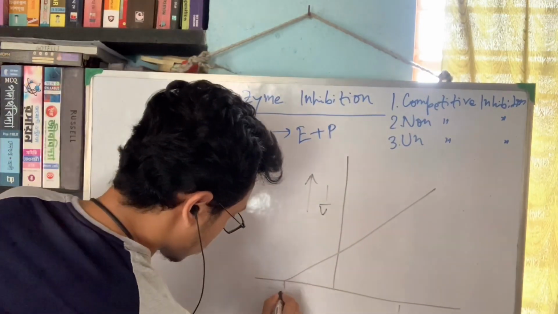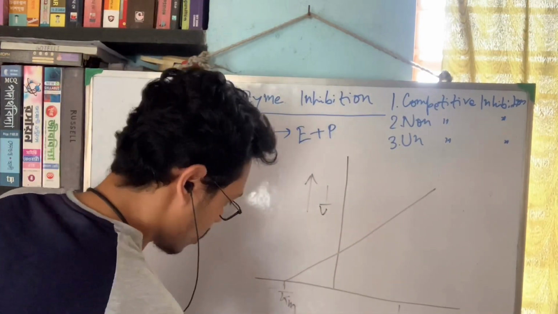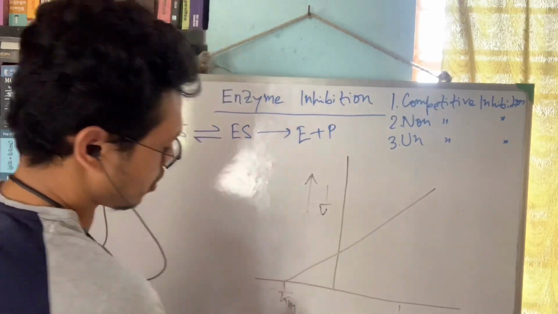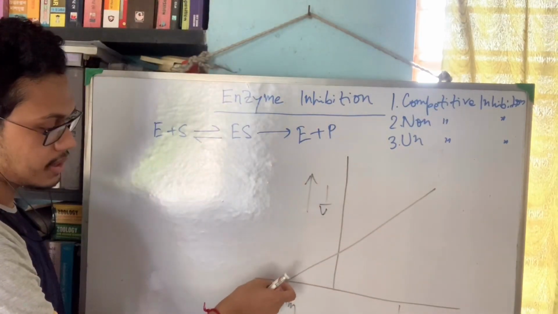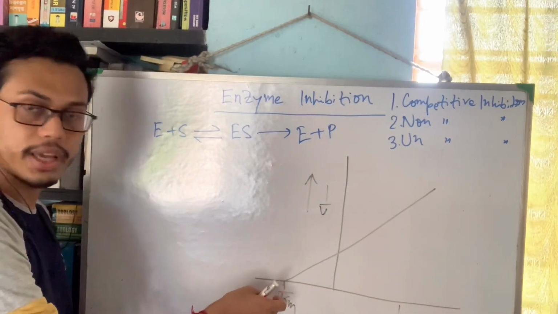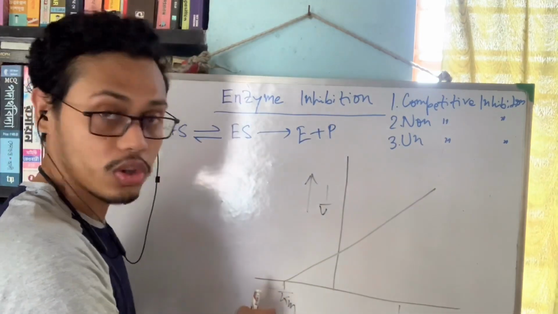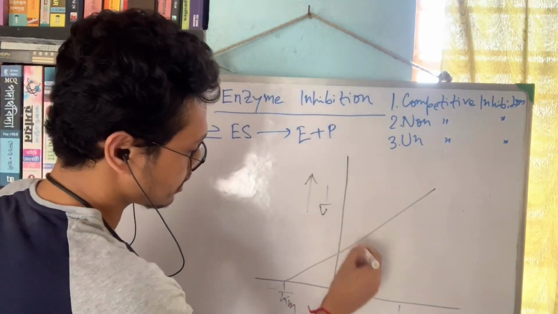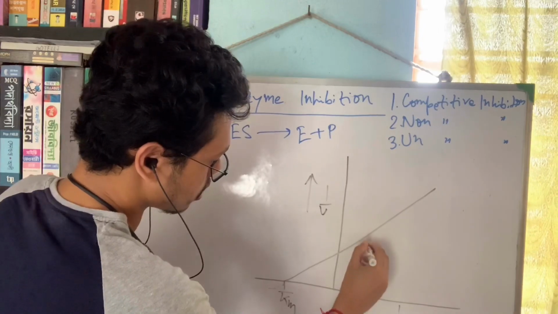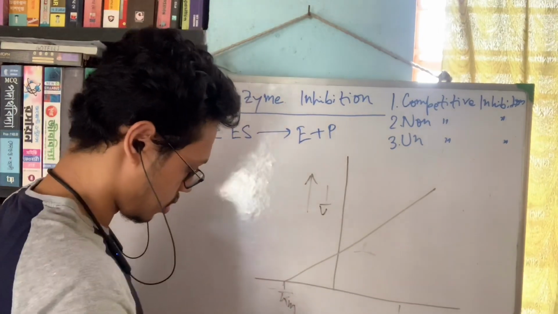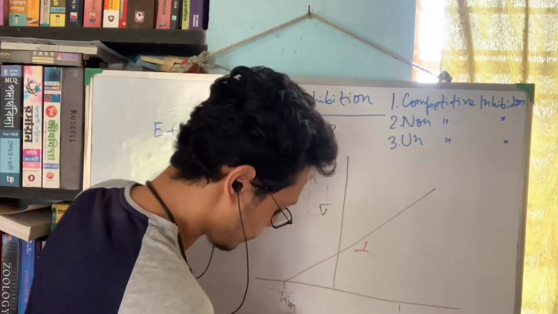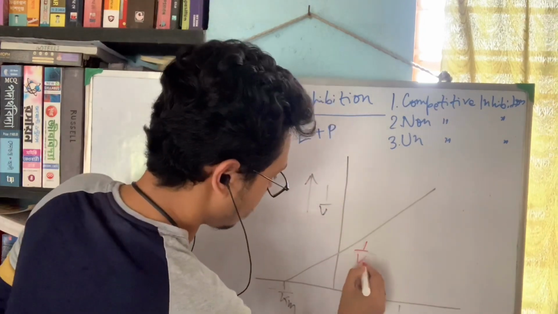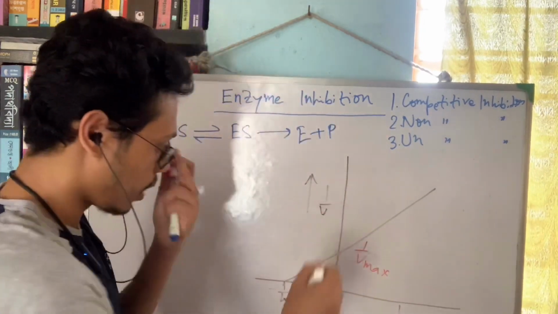This is minus 1 by Km on the x-axis. The Km means the Michaelis-Menten constant, and 1 by Vmax is crossed on the y-axis.